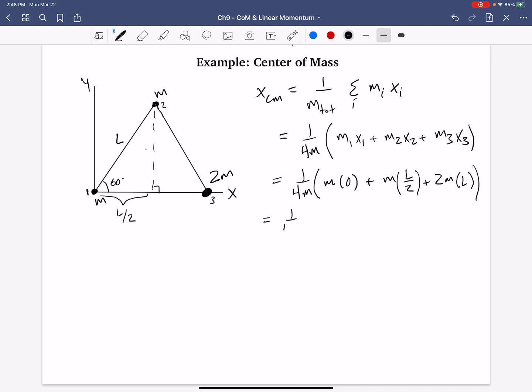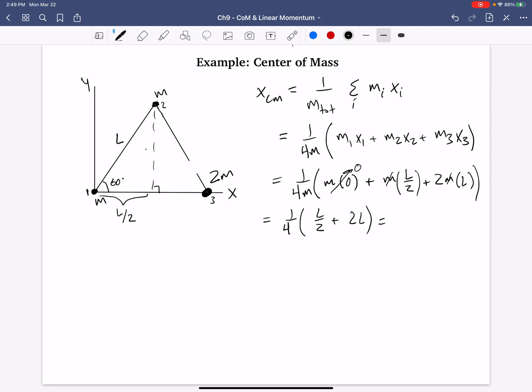So we have 1 over 4m times, let me cancel out all of the masses, or rather the variable m in all parts. So that's 1 over 4, and now we have L over 2 plus 2L.